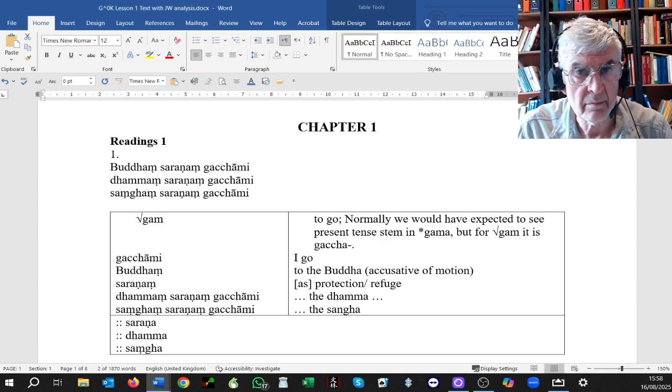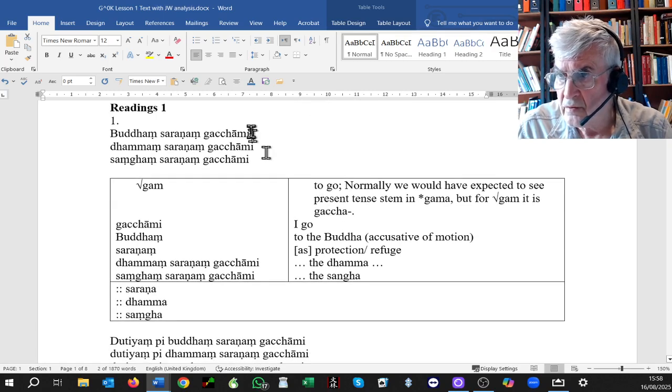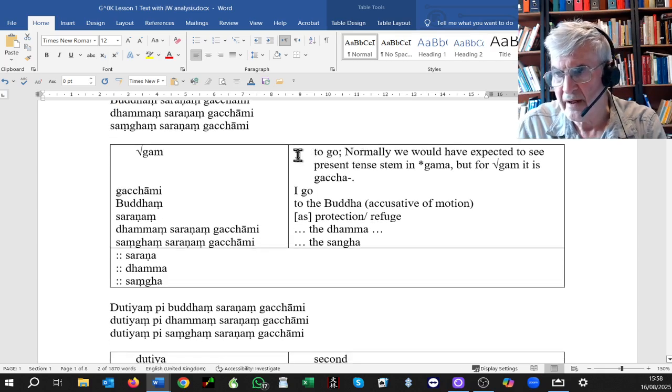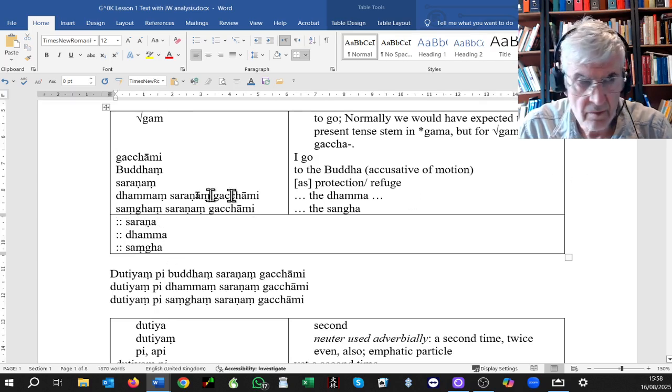I'll mention before we start the substance of it that you'll see how it's laid out. First of all, just the bare text, and then so to speak, a light touch word-by-word analysis. And then I've dealt in greater detail with certain words.